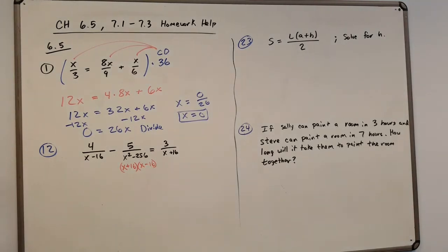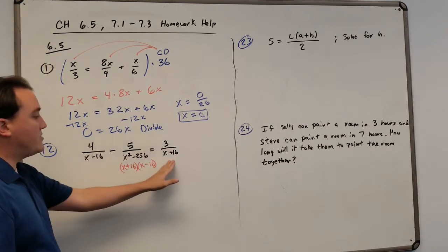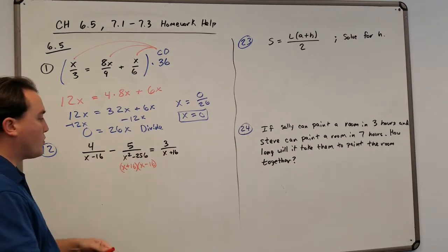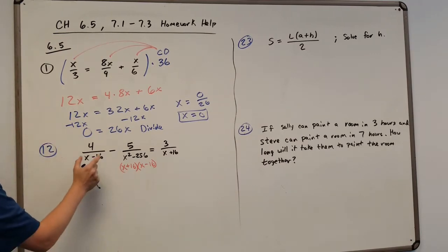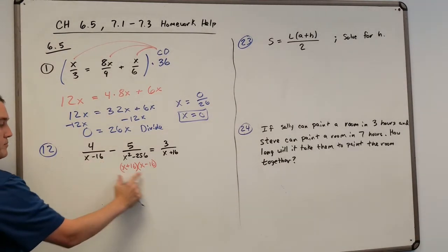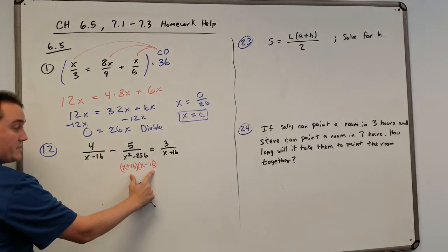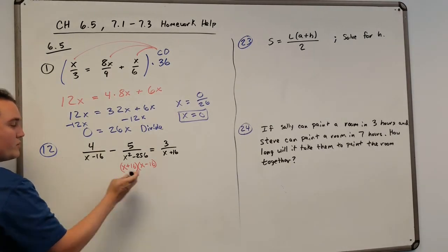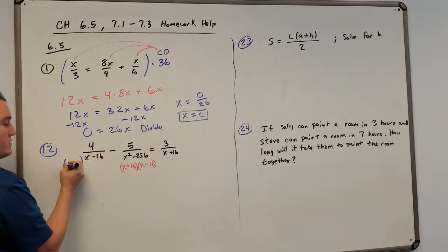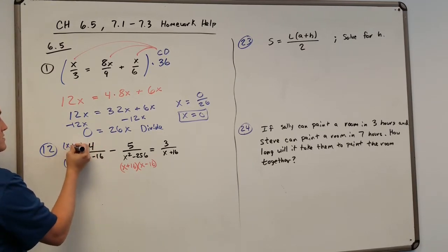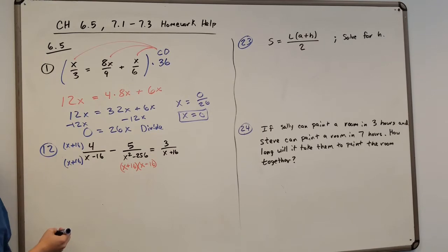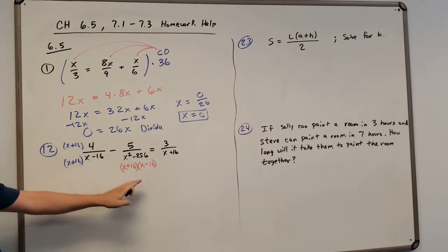So what we want to do here, the trick is, get all your denominators to be the same. Well, right now, we have x minus 16 is one denominator. x minus 16, x plus 16 is this denominator. So if we multiply this one by x plus 16, now we have a common denominator for these two.